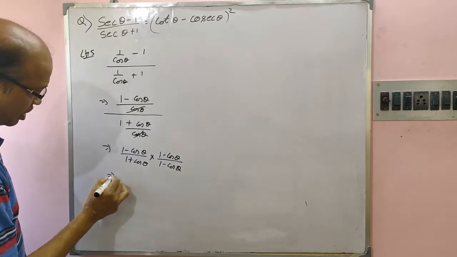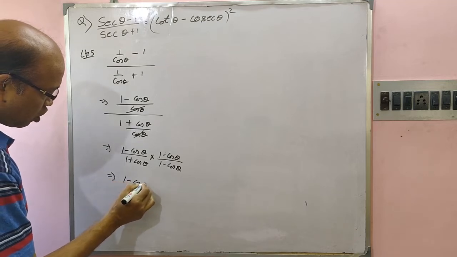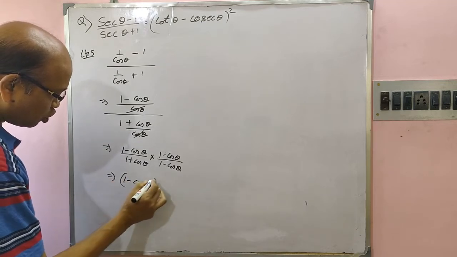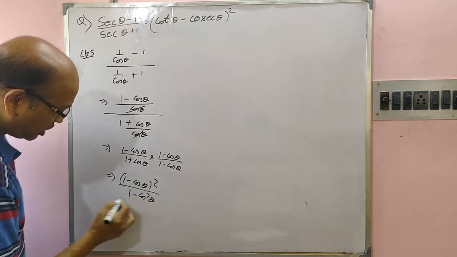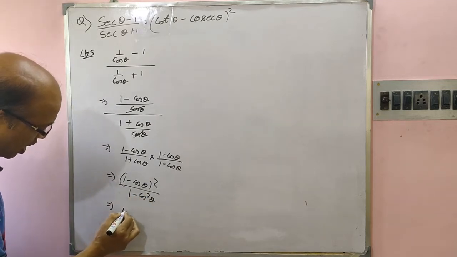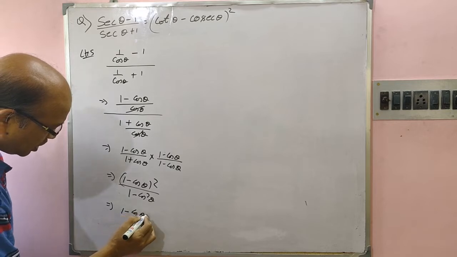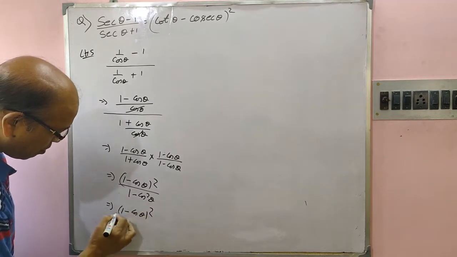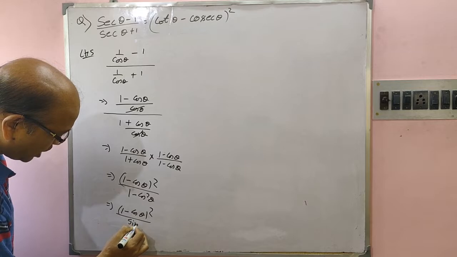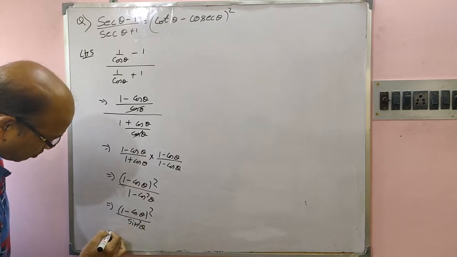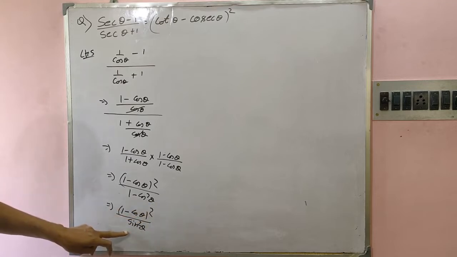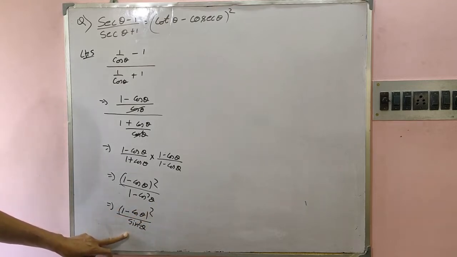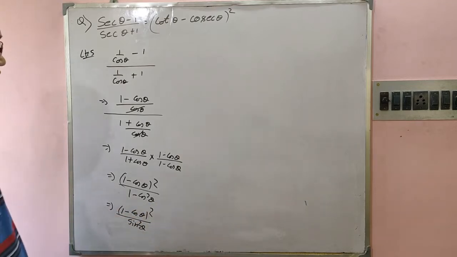So what we get here is (1 minus cos theta) whole square by 1 minus cos square theta, which equals (1 minus cos theta) whole square by sine square theta. Is it clear? Because 1 minus cos square theta is sine square theta from the trigonometrical identity formulas.